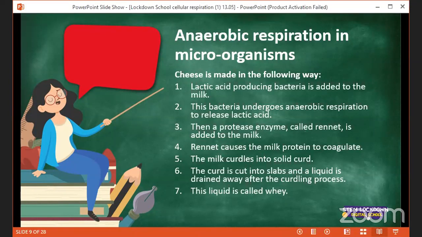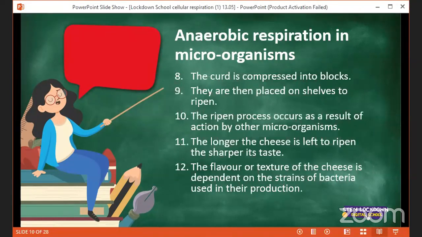The curd is cut into slabs and a liquid is drained away from the curdling process, and this liquid is called whey. Then the curd is compressed into blocks. They are then placed on shelves to ripen, and the ripening process involves organisms. The longer the cheese is left to ripen, the sharper its taste.